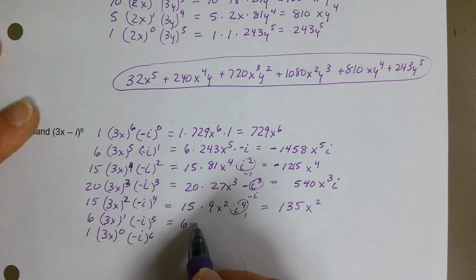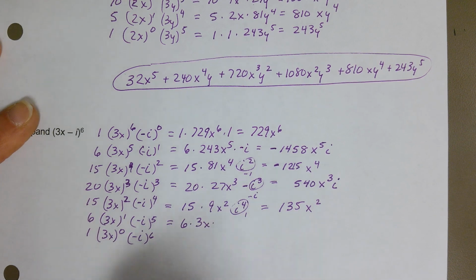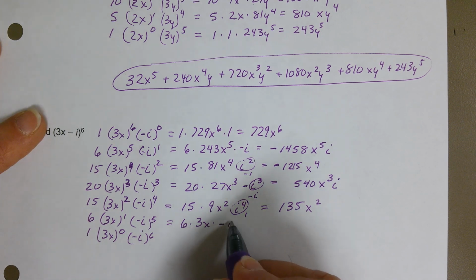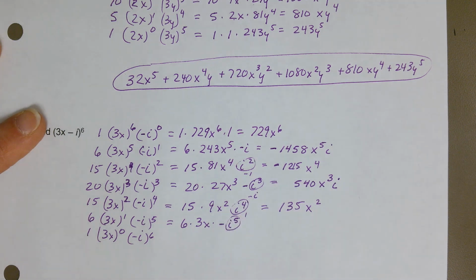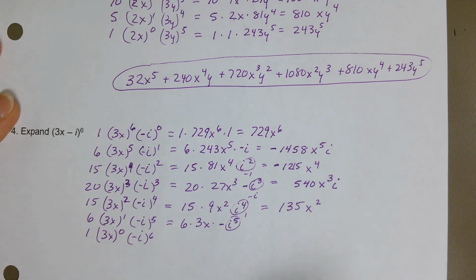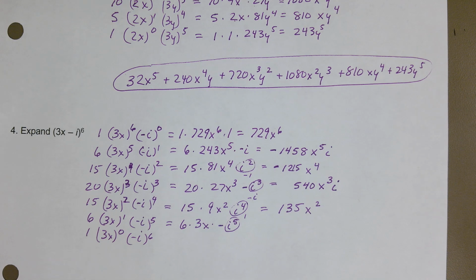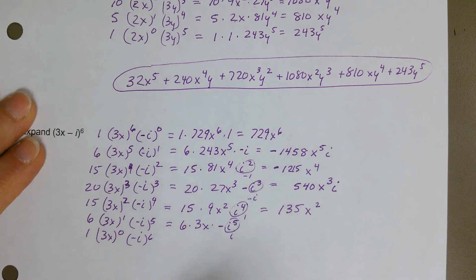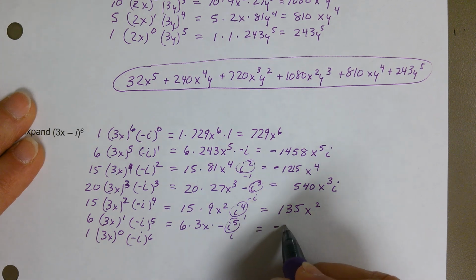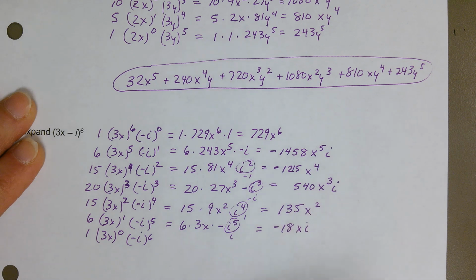Six times 3x times negative I to the 5th is the same as negative I to the 5th. I to the 5th is equivalent to I, so this is 18x times negative I, which would be negative 18xi.